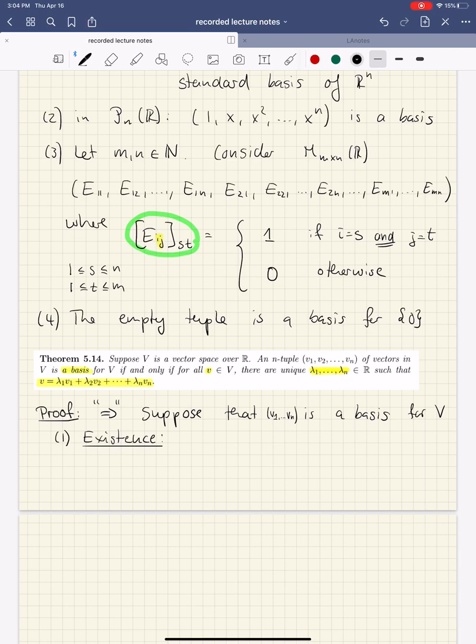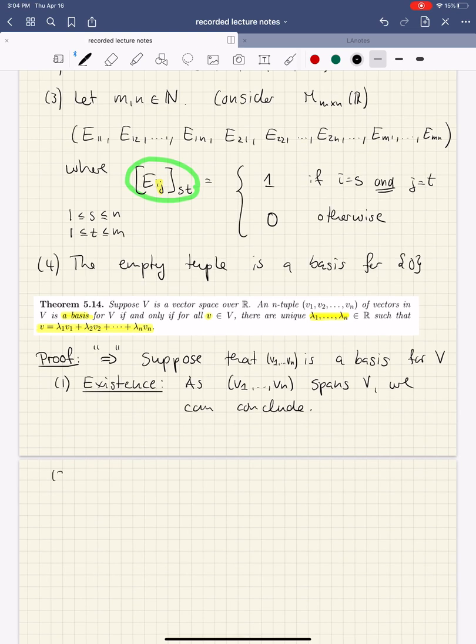And you can see how spanning will be directly connected to existence, and linear independence will be directly connected to uniqueness. So existence is pretty easy because as v1 through vn spans V, we can conclude, because spanning really means that every element can be written as such a combination, which is what existence says.